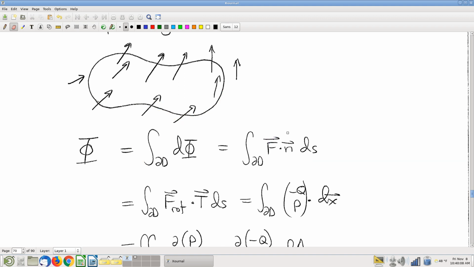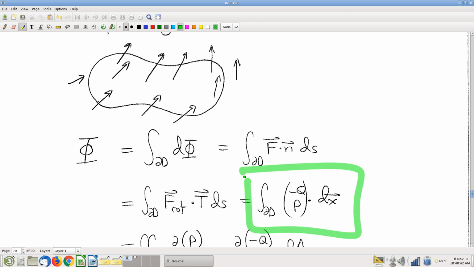From the previous page, we argued that F dot N is the same as a rotation of F dot T. We have that handy formula for the rotation: the rotation of the vector field P comma Q is negative Q comma P. Don't forget, going back a couple of sections, T ds is the dx vector that we're comfortably familiar with. And lo and behold, we have ourselves a line integral, and it's a line integral we know how to compute. Look, something dot dx. We're all good on computing this thing. So that's really nice.